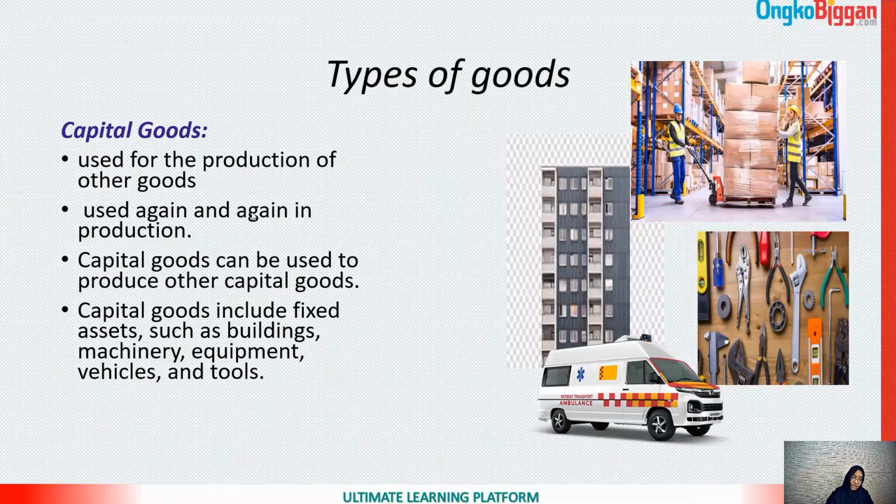And capital goods can be used to produce other capital goods. For example, this building can help to produce the tools or materials which can be capital goods of other factories. Capital goods include fixed assets such as buildings, machinery, equipment, vehicles, and tools.